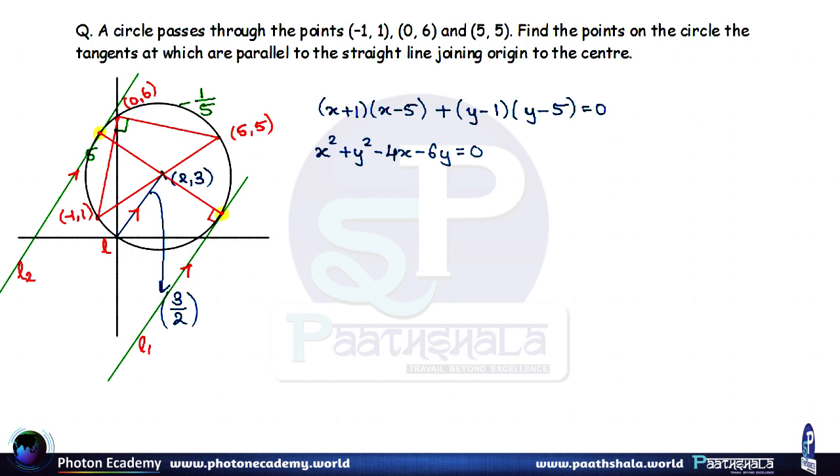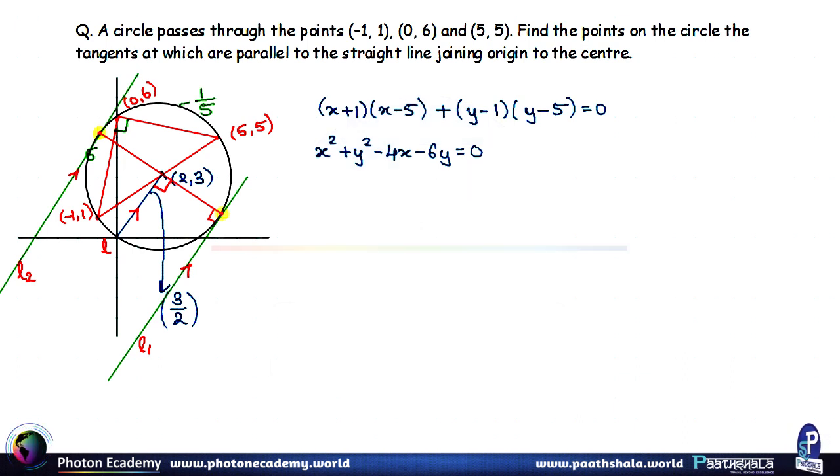And as L and L1 are parallel to each other, this angle has to be 90 degrees as well. So we can say that the slope of this line will be -2/3.